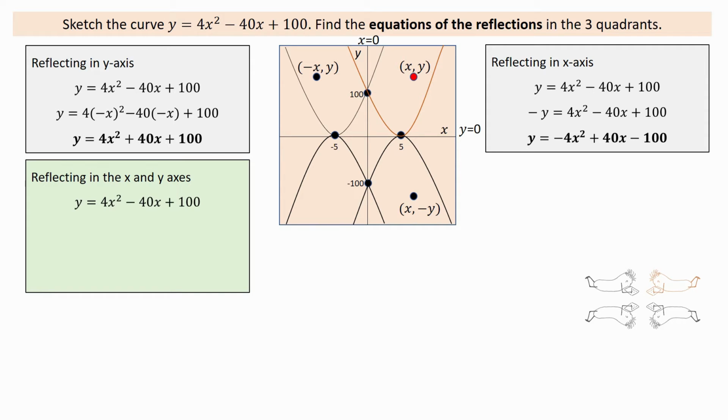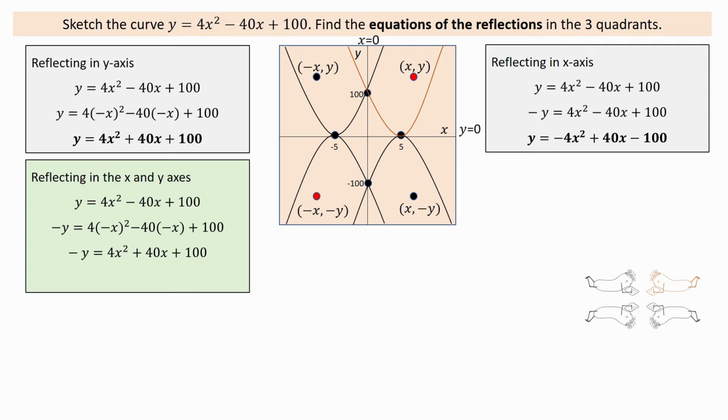The image of the point (x, y) is (negative x, negative y). So substitute negative x for x and negative y for y in the equation. Then work out the brackets to obtain negative y equals 4x squared plus 40x plus 100.